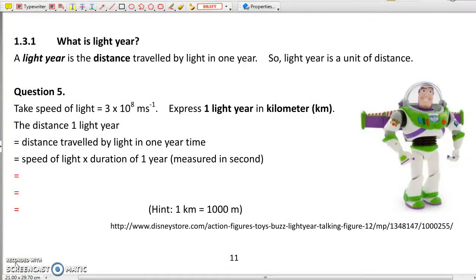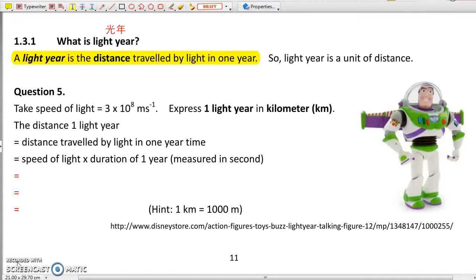1.3.1 What is a light year? Light year is a distance. It is the distance traveled by light in 1 year. Now, light travels at 3 times 10 to the power 8 meters per second, which is 300 million meters per second.